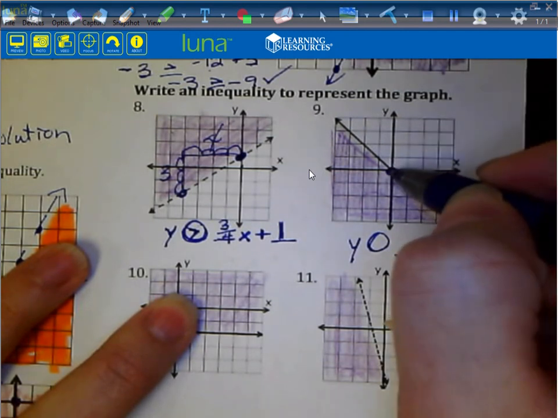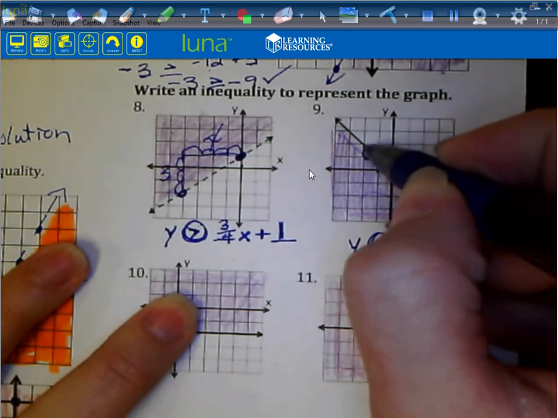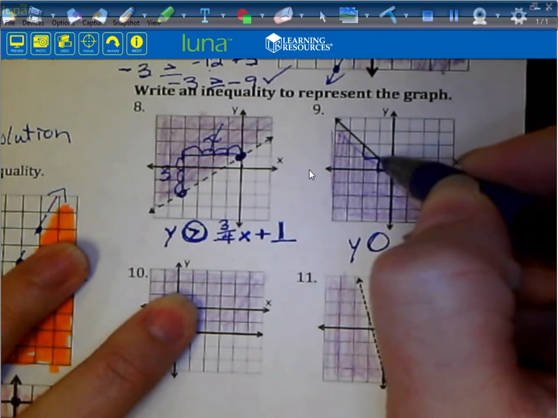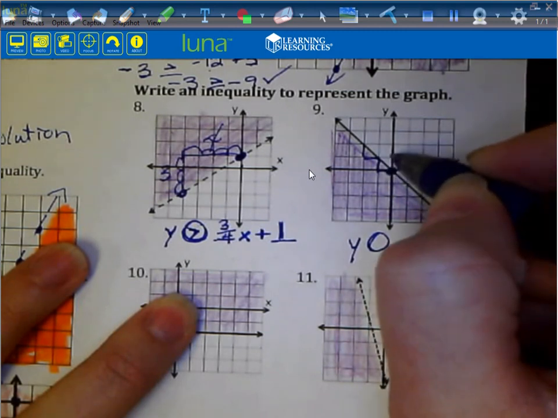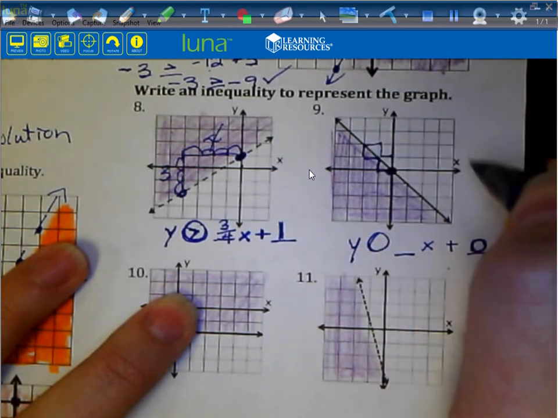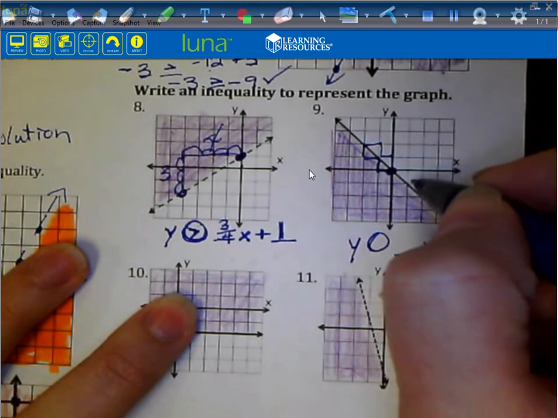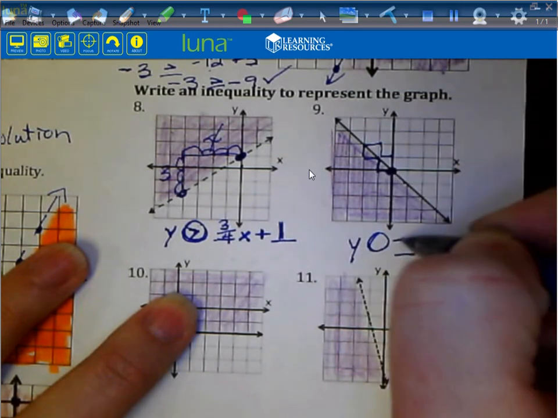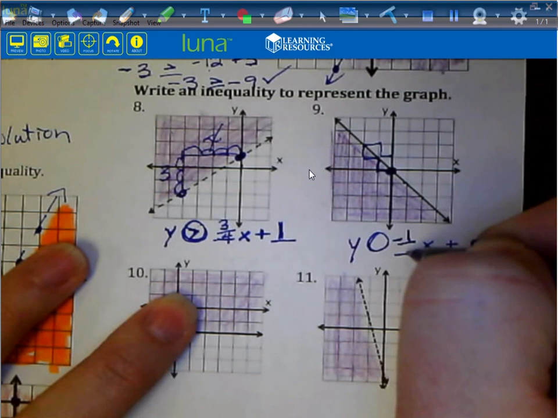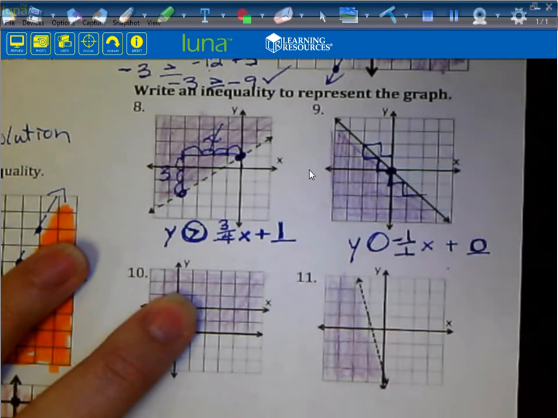It goes back 1, up 1, back 1, up 1, or up 1, back 1, up 1, back 1. My rise over run is 1 over 1. Now, because I am going up 1 and back 1, or down 1 and over 1, that is negative 1 over 1, down 1 over 1, negative 1 over 1.